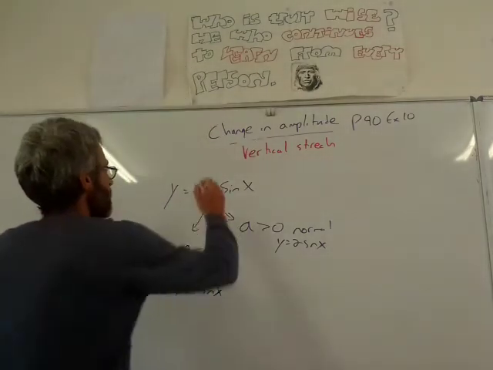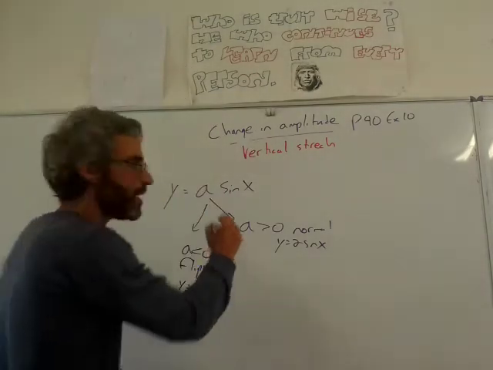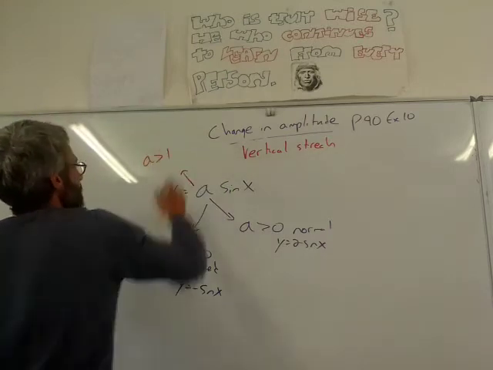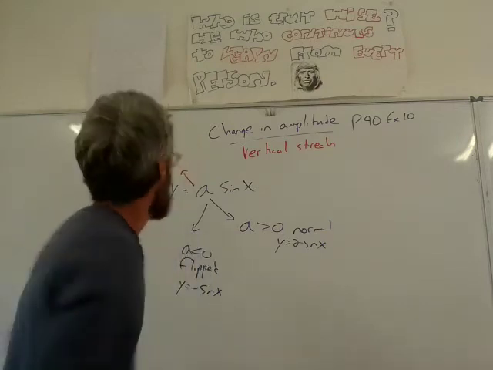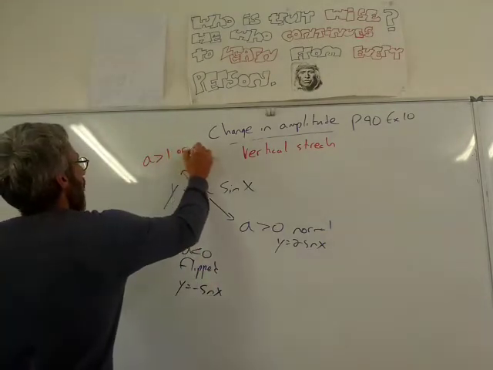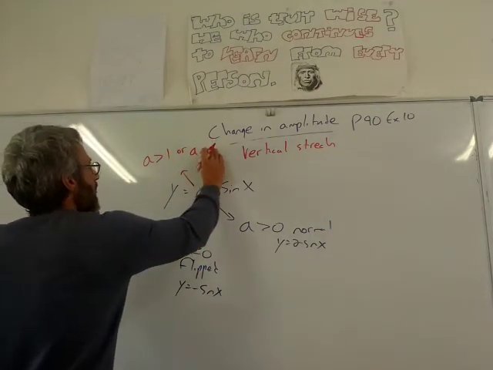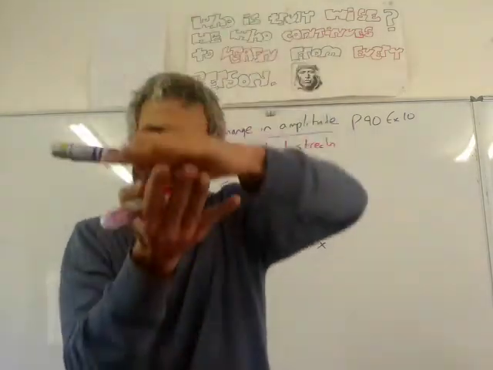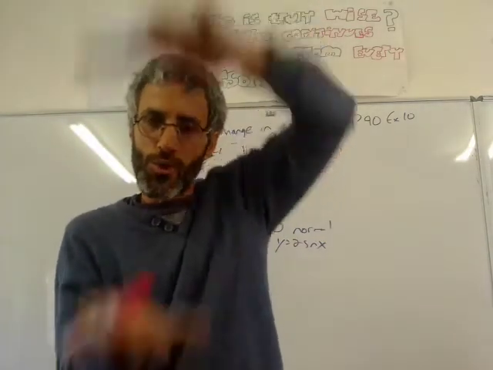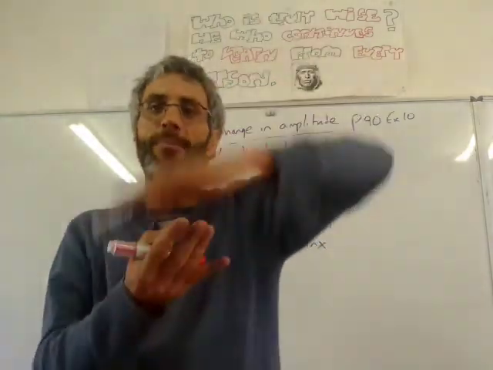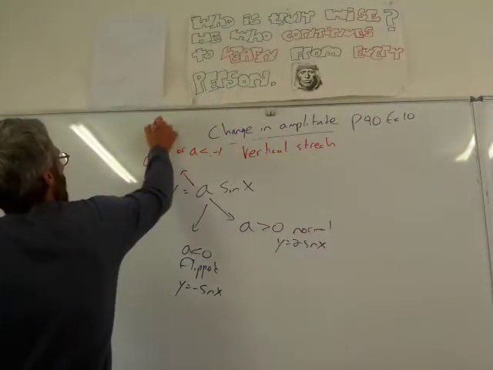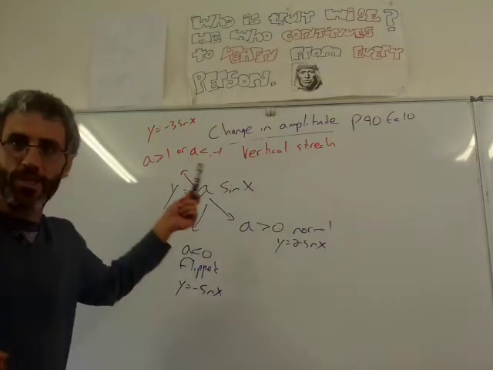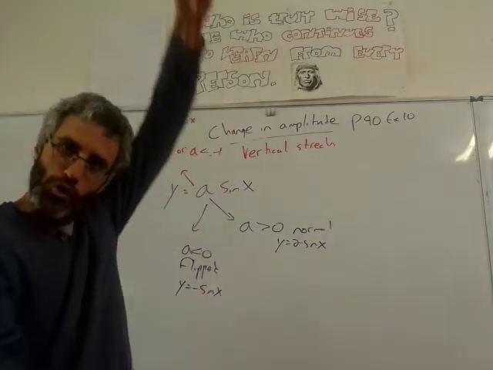The second thing is, I'm going to draw it here. If a is larger than 1 or a is smaller than minus 1, then what we did, we did the vertical stretch. We stretched it, made it bigger. The amplitude got bigger. Like y equals minus 3 sine x. It's flipped, but it's also stretched.